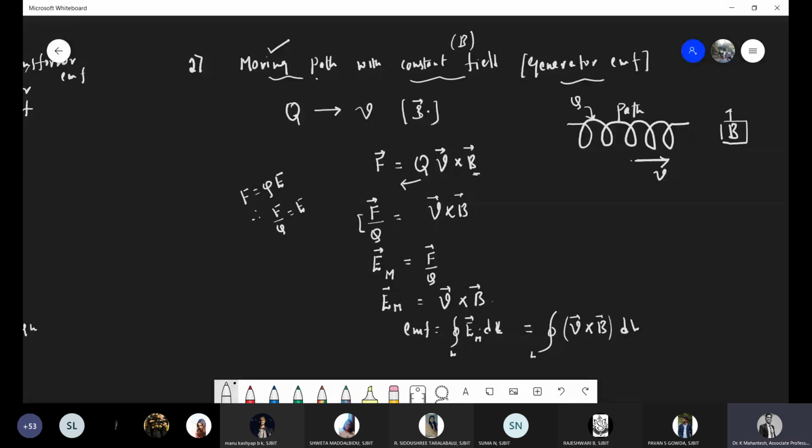Now this EMF is called motional EMF or generator EMF, and this is the equation: V cross B dot dl.